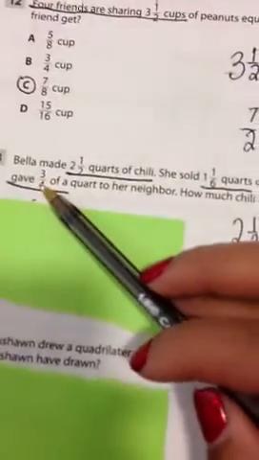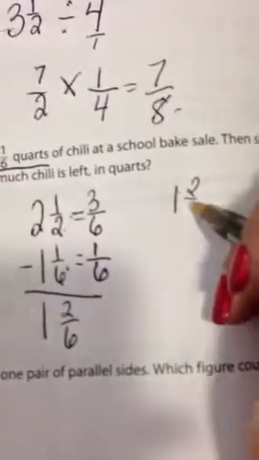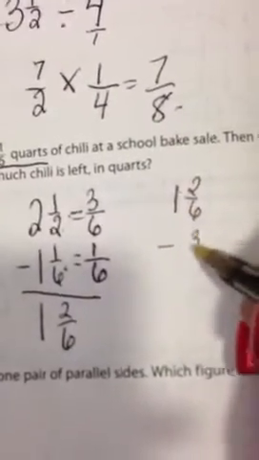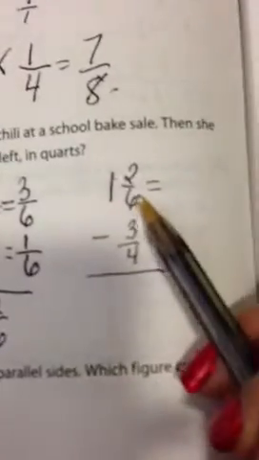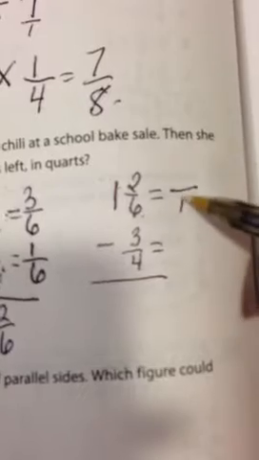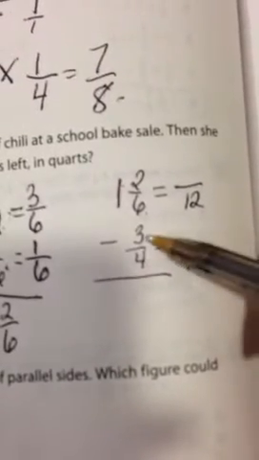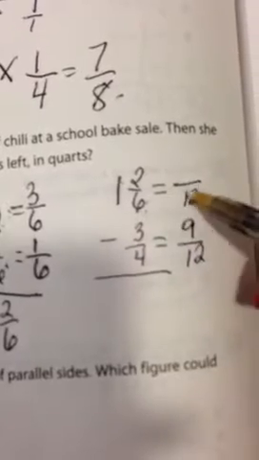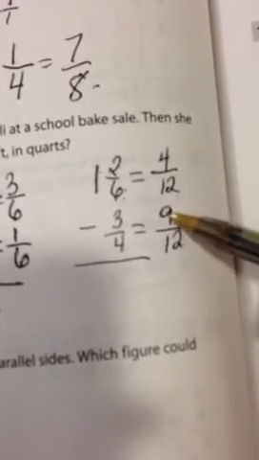But I have to remember I have to give away this other number, 3/4. So I'm doing a second problem. 1 and 2/6 minus 3/4. I could simplify. There's so many ways I can do this. I could simplify, but in this case I'm just going to leave it and make 12 my common denominator. 4 times 3, 3 times 3 is 9, 6 times 2, 2 times 2 is 4. And I'm going to have to do some borrowing because I can't do 4 minus 9.